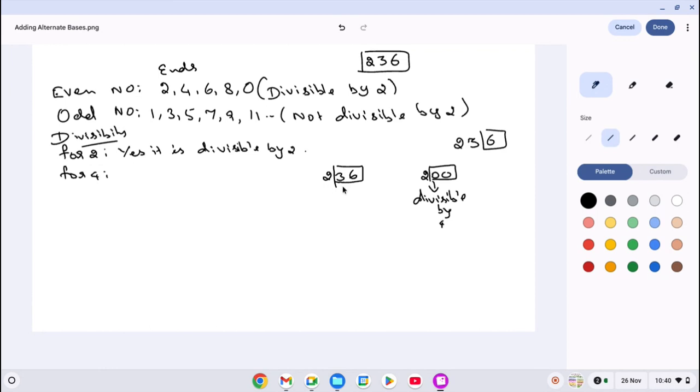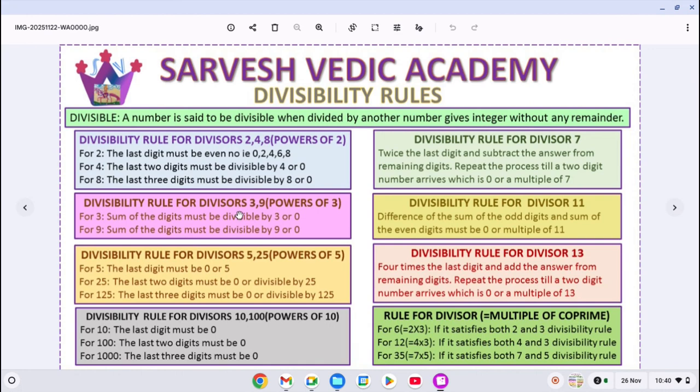So it is divisible by 4. What is the rule you have to check? You have to check the last 2 digits. If the last 2 digits are either 0 or divisible by 4, we can say that the number is divisible by 4. You can check very big numbers also.